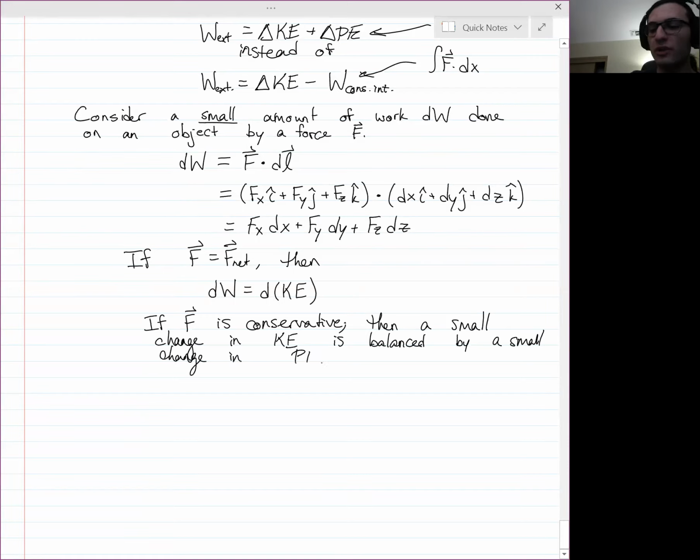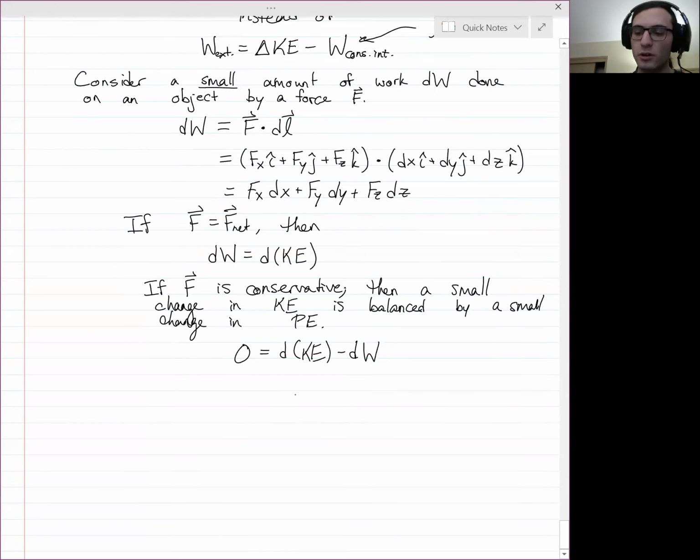All I'm saying is, look, if F is conservative, then whatever the source of that conservative force is, we call that part of our system. And now we're left with 0 equals dKE minus dW. But if F is conservative, then we can write dW as plus dPE. That's the takeaway here.